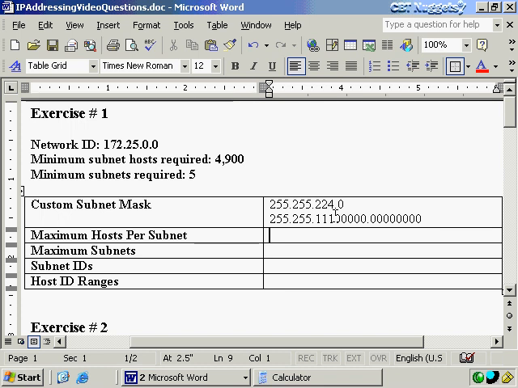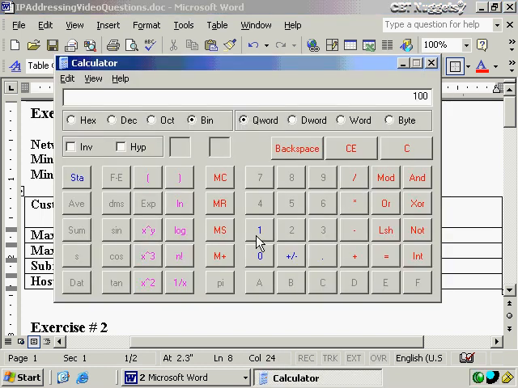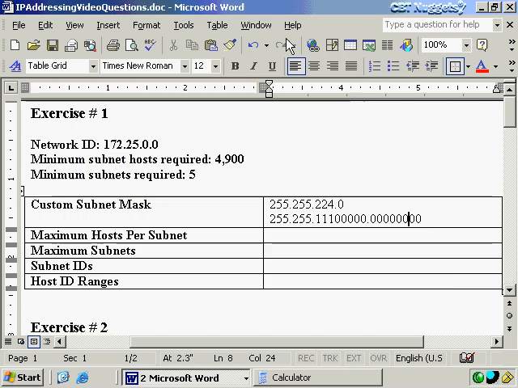That was 13 of them, so I'll go into the calculator, 2 to the 13 equals 8,192, minus 2, because you can't use all zeros, and you can't use all ones for the host ID. So that would be the maximum I could use, 8,190.